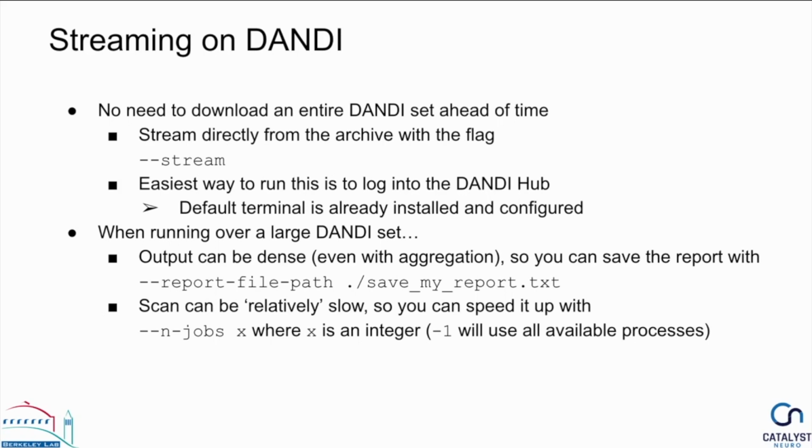You just use the command --n-jobs X, where X is an integer, and there's a shortcut of -1 for using all available processes, or -2 for everything except one process if you want to keep one process clear on your system for other things. Highly recommend those. Again, if you spin up a hub large instance with n-jobs -1, you can scan any data set in record time, like a couple of minutes.